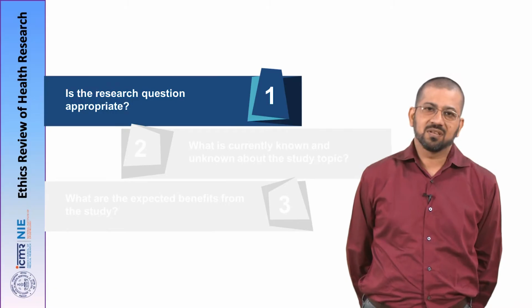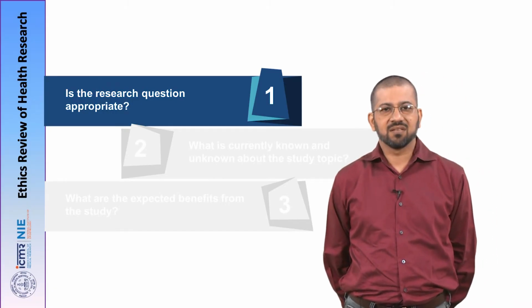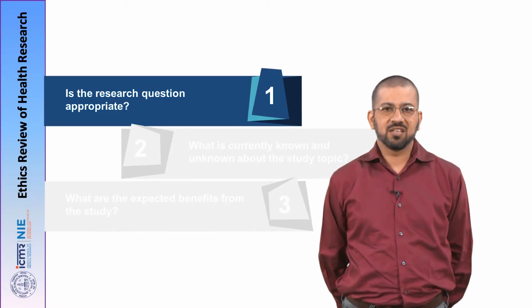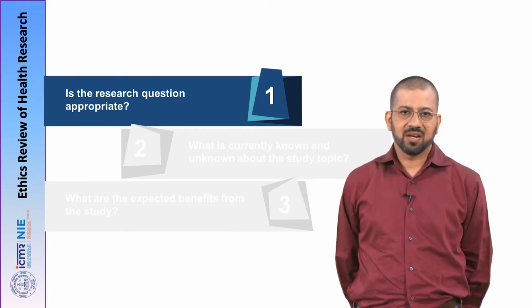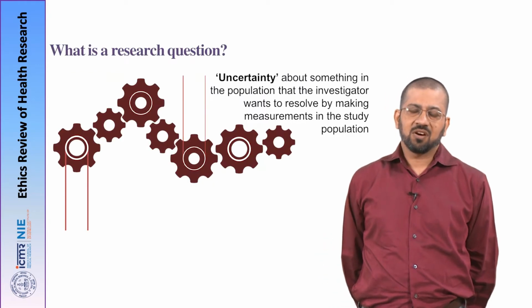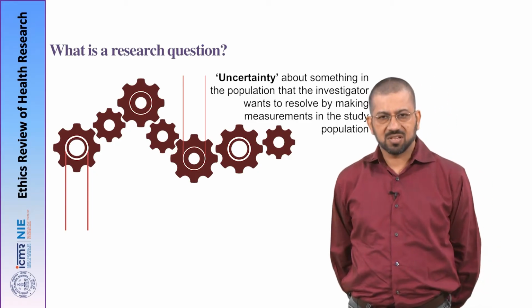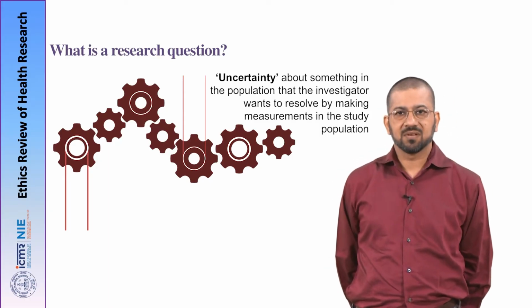The first question that the investigator needs to answer is whether the research question that he or she is attempting to study through the proposed proposal is appropriate. In order to understand that, we need to understand what a research question is and how a research question is framed.